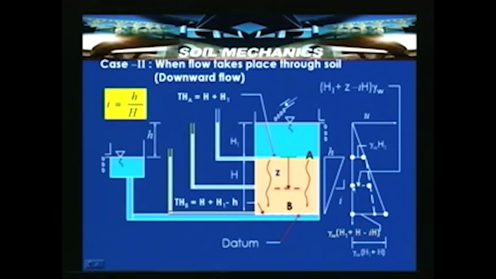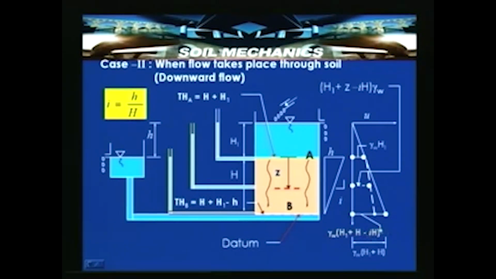At a certain point within the soil, at depth Z from the top surface A, the ordinate can be given as gamma w into H1 plus Z minus i h. If Z is equal to the full soil depth, it changes to gamma w into H1 plus capital H minus small h.